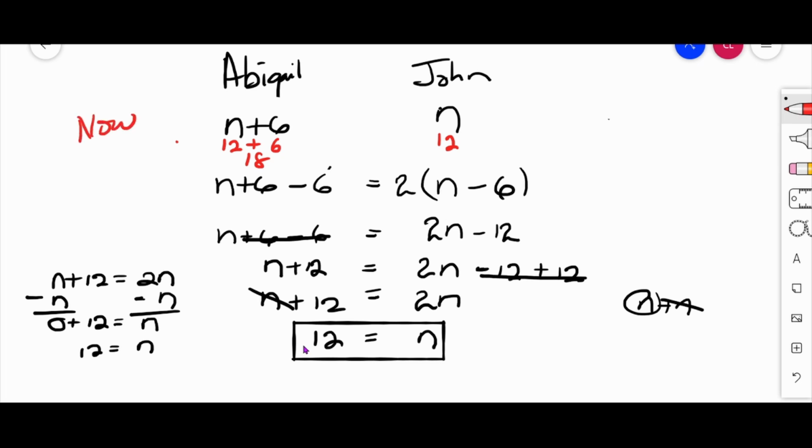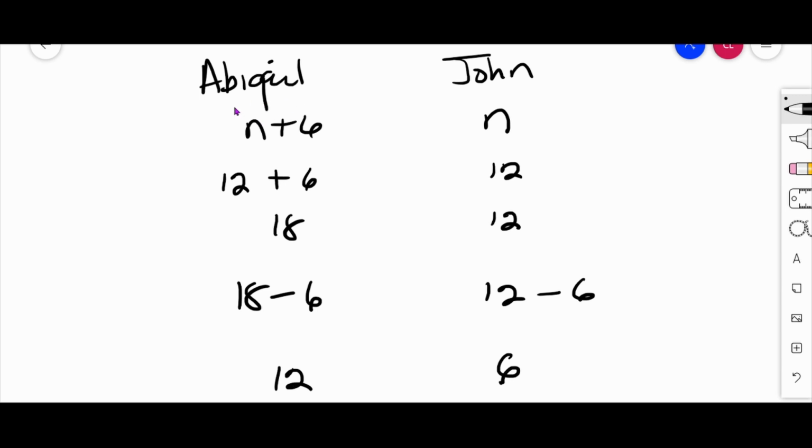So what would the age be 6 years ago? If Abigail is 18, as we showed before, and John is 12 now, then 6 years ago she would be what she is now minus the 6. That would give us 12, and John would have been 12 years old minus the 6, so he would have been 6 years old.